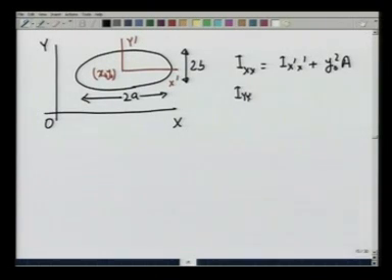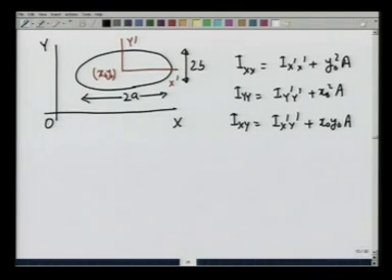I_yy similarly is I_y' plus x_0 squared times the area of the ellipse, and I_xy is equal to I_x'y' plus x_0 y_0 times the area of the ellipse, where I_x' is the second moment of area with respect to the x' axis parallel to the x axis passing through the centroid. I_y' is the second moment of area with respect to the y' axis parallel to the y axis and passing through the centroid.